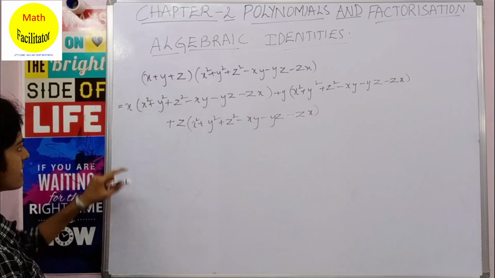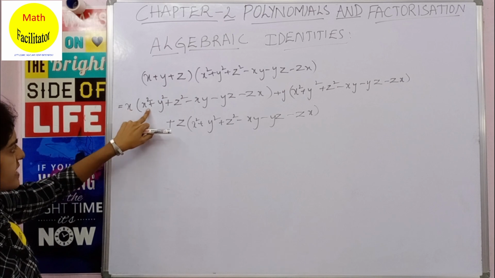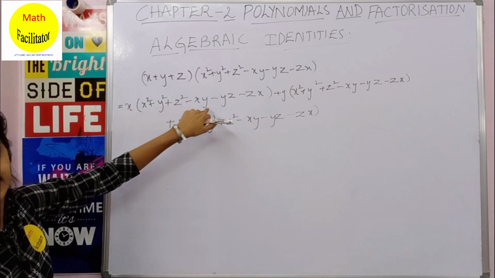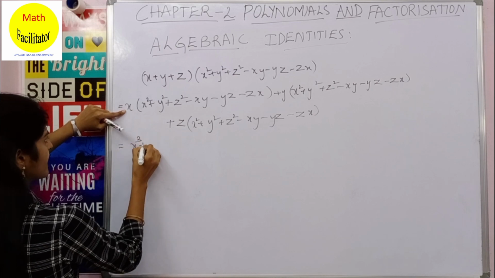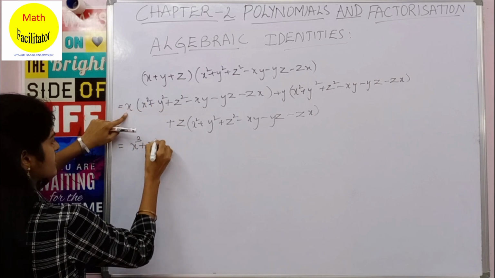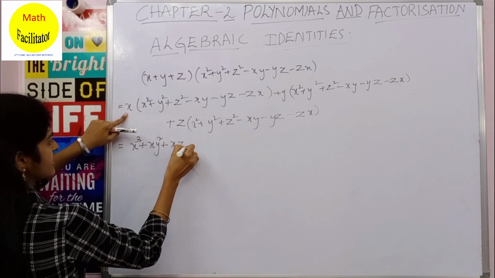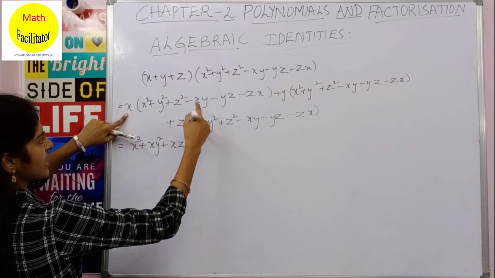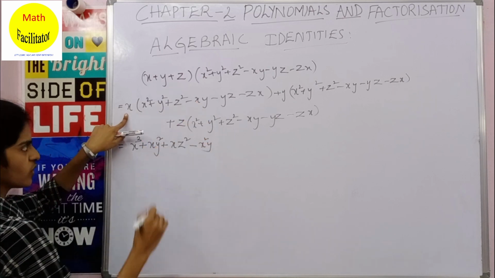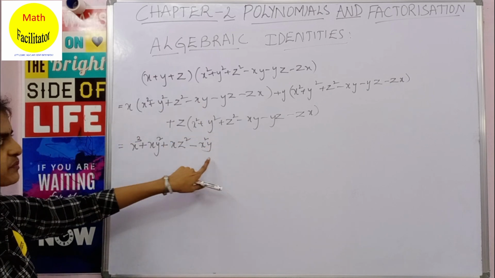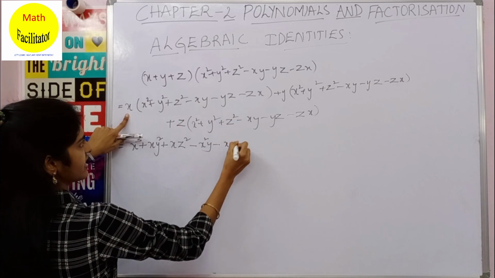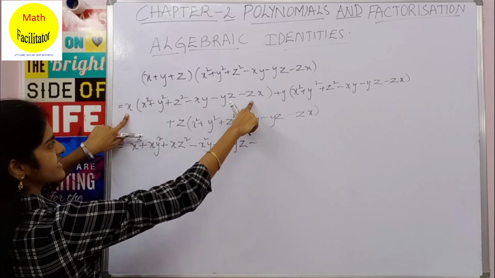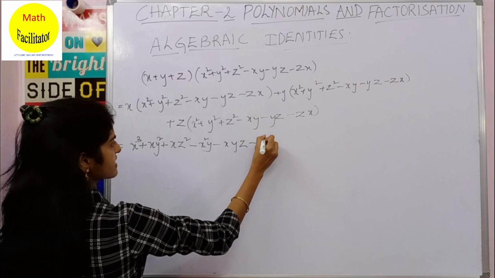Now this is nothing but distributive, so you will just multiply x with each of these terms. So x into x square is x cube, plus x into y square is xy square, plus xz square, minus x into xy, so x square y. Okay, x into x is x square and you have y, minus you have xyz, minus z into x is x square z.